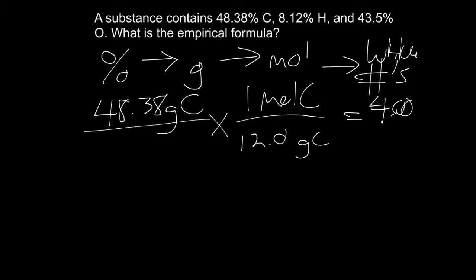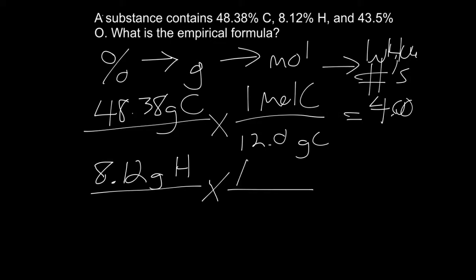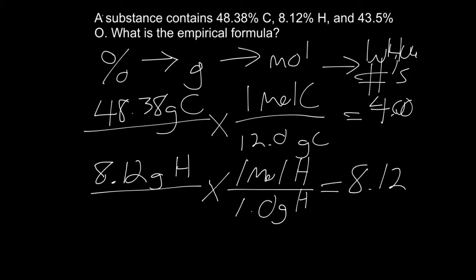I can do this for the hydrogen as well. That's 8.12 grams of H, 1 mole of H is about 1 gram, and I get about 8.12 moles of hydrogen. And then we're going to do the same thing for the oxygen, same exact setup.